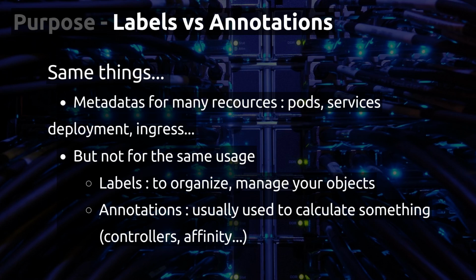To do that, you can use labels. So when you push the deployment, you can add the label app1. If you also deploy a service, you can add the label app1, and the same for the deployment and ingress, etc.